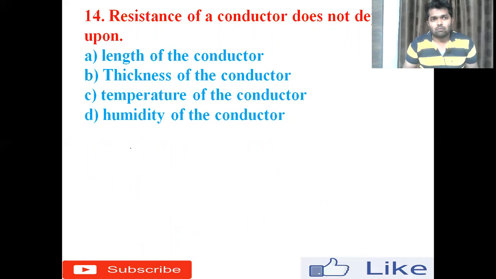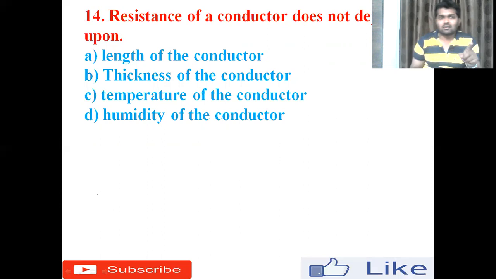Next one, 14th one. The resistance of a conductor does not depend upon the: option A, length of the conductor; option B, thickness of the conductor; option C, temperature of the conductor; option D, humidity of the conductor.